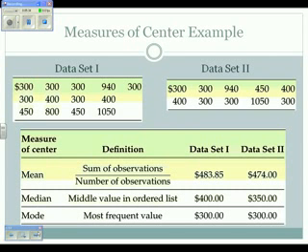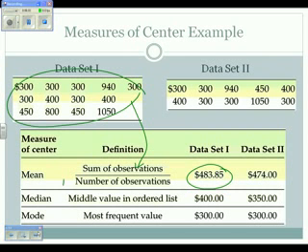We would add all of those data values together, and then we would divide by the amount of data that we have. So I believe we have 13 data values in this data set number 1. So we would add all these numbers together, and we would divide by 13, and that would give us 483.85.